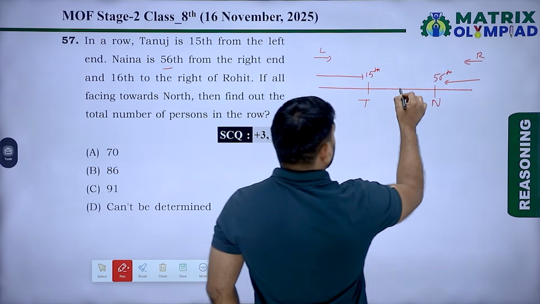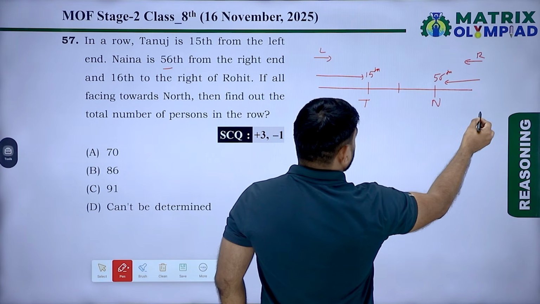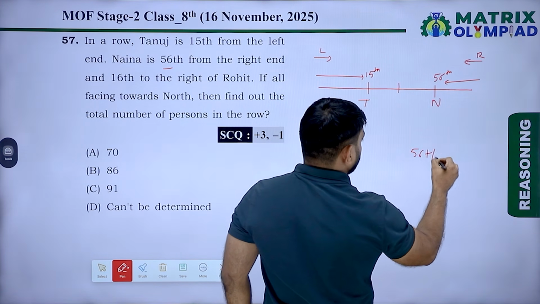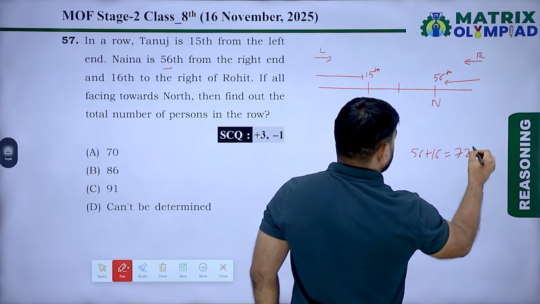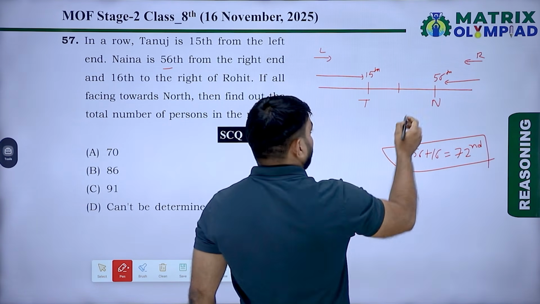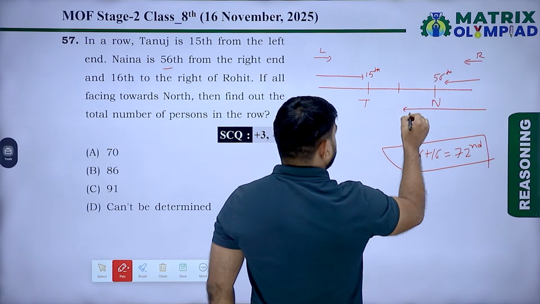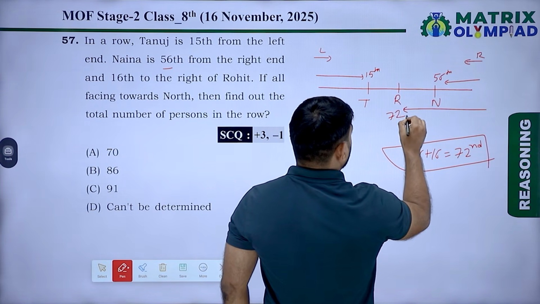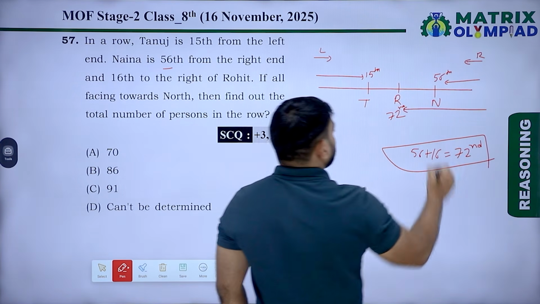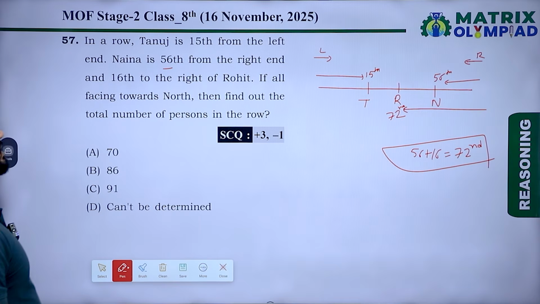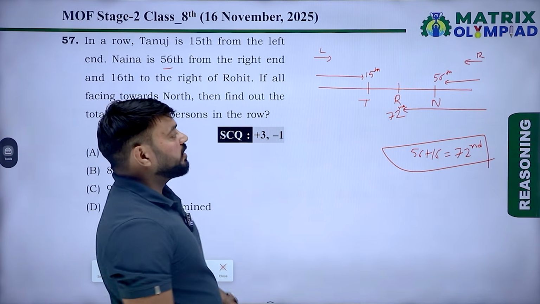So it means Rohit is 56 plus 16, it means 72nd place from the right end. Position of Rohit is 72nd from the right end. So find the total number of persons in the row.